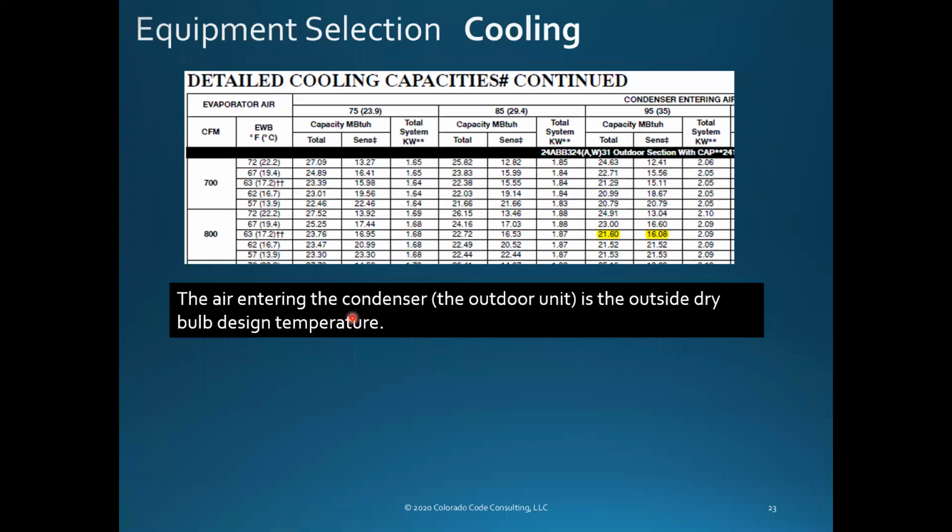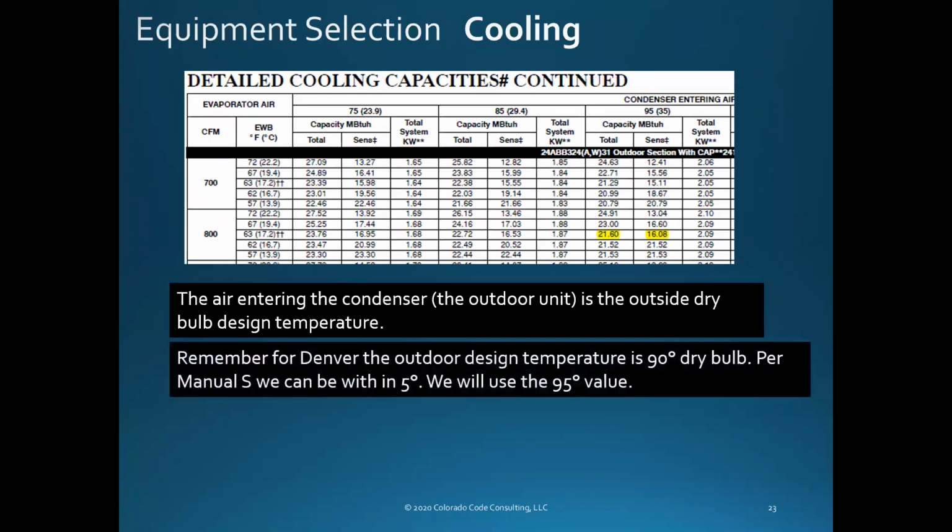So the air entering the condenser, the outdoor unit, the outside dry bulb, is what this is right here. 75, 85, 95. So Denver, we were actually at 90. You can be within 5 degrees, so going up to the 95 is okay. You could use the 85, but nobody's going to do that because it's showing a higher capacity than at 95.